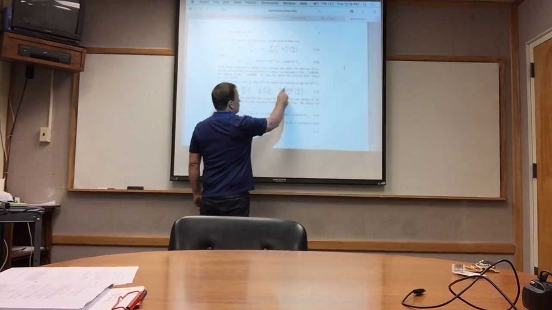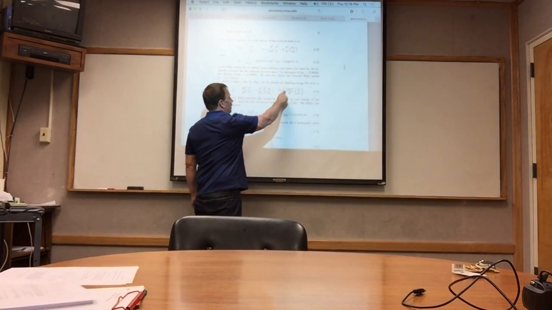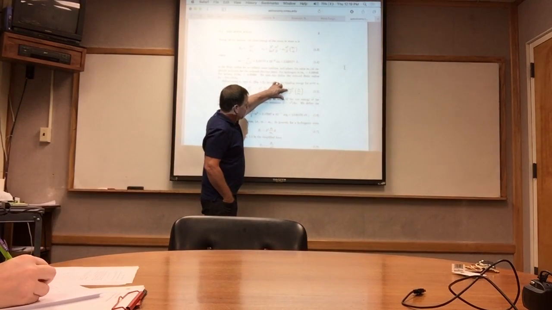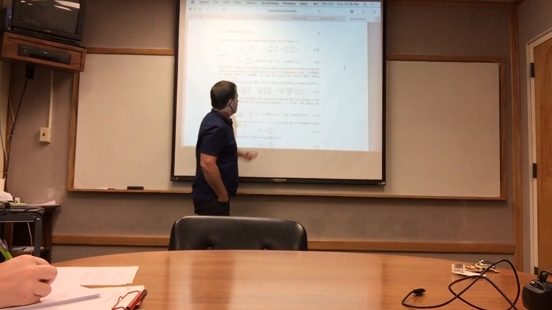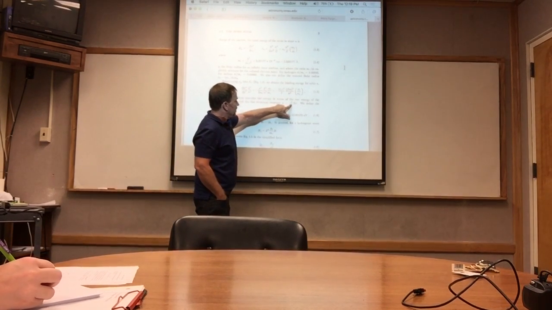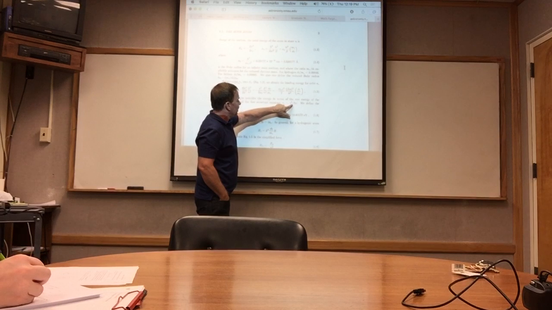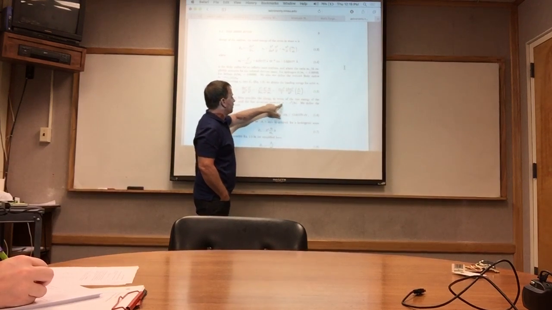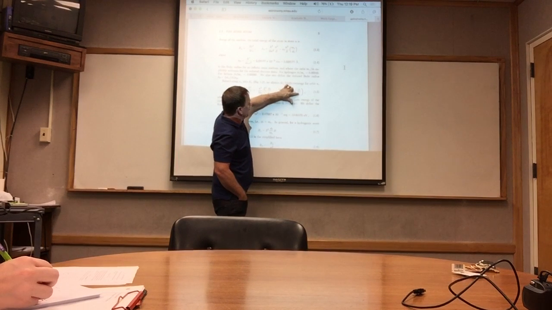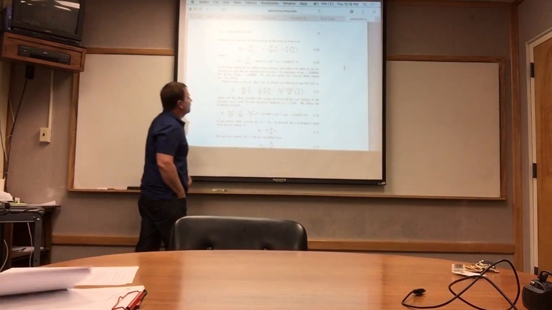Look at this: mc squared over 2, half of the rest mass energy, times the central charge alpha squared over n squared, where alpha is e squared over h bar c, which is what's known as the fine structure constant, and then the reduced mass ratio.